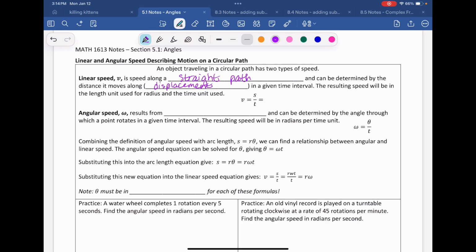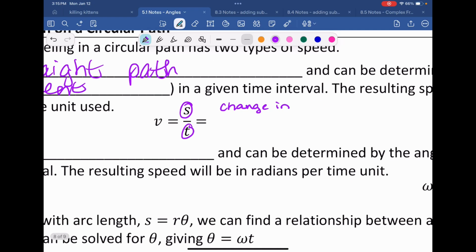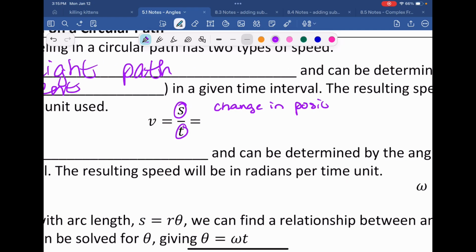The resulting speed will be in the length unit used for radius and the time unit used. Okay, so velocity equals displacement over time. This is change in position over change in time.